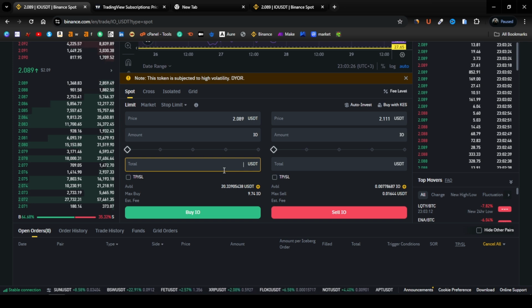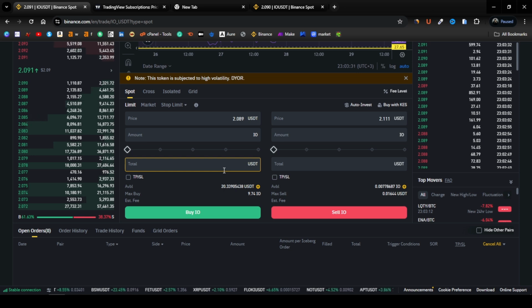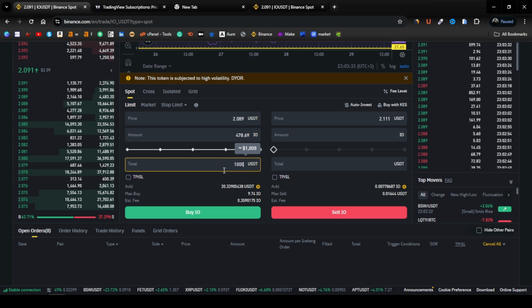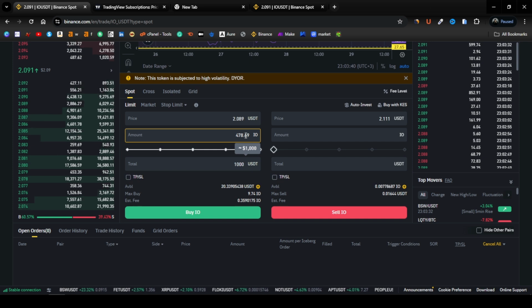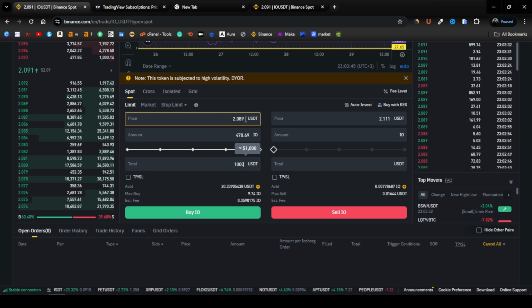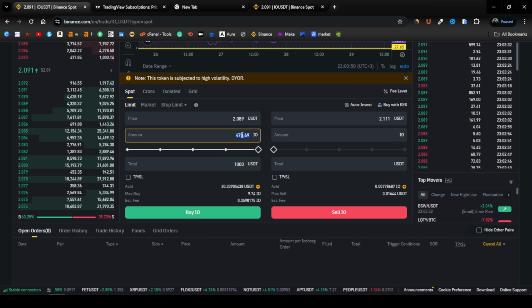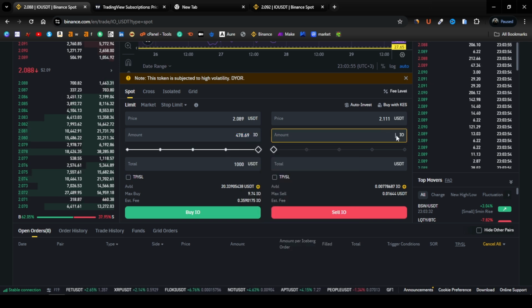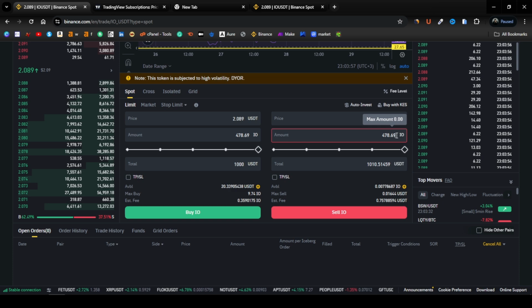All right, I'm going to change the figure here to maybe 1,000. And you can see for $1,000, I'm going to be able to purchase 478 IO. All right, and this is the current price. So what you do is you come here and you pick this amount of the IO that you purchased, and then you paste it on this other side. And then you change the price here.